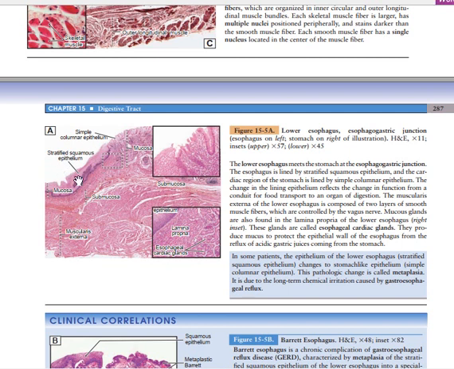So it needs esophageal glands such that it produces mucus to prevent gastric juice irritation. But this other part here that contains the simple columnar epithelium does not have esophageal glands. Why? Because from here, their goblet cells are going to produce mucus at this level such that it's going to protect the esophageal mucosa.